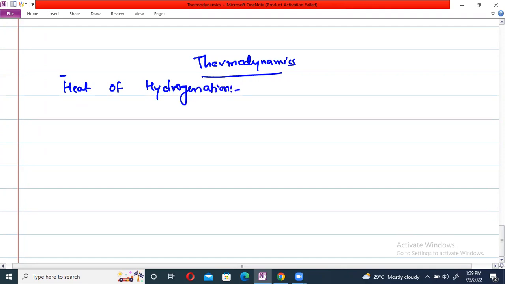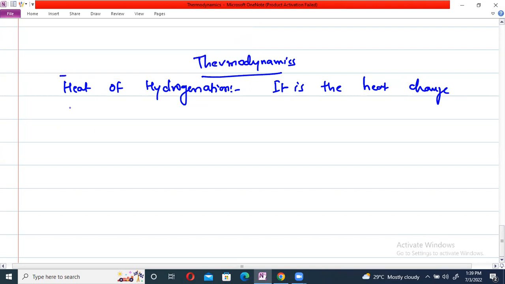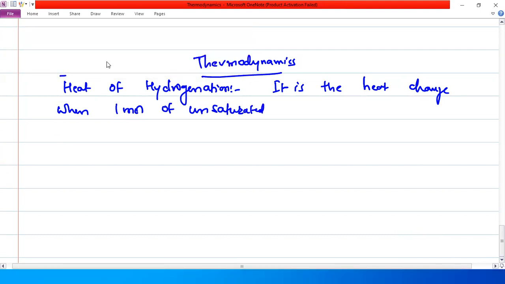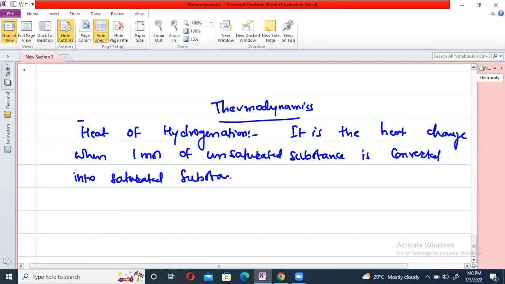This heat of hydrogenation, we can say, is the heat change when 1 mole of unsaturated substance is converted into saturated substance.